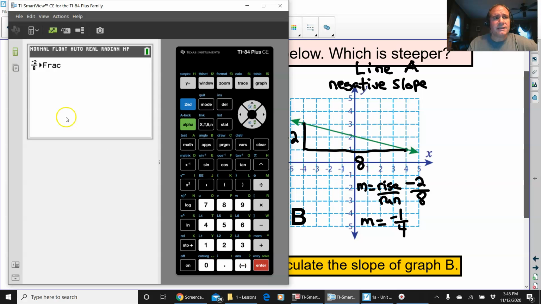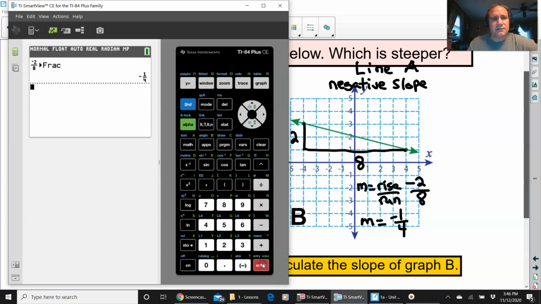It says -2, you press enter and it gives you the reduced form of that fraction. So it's just a nice easy way to reduce a fraction if it's a fraction that you can't think about reducing, or it's a little bit more difficult. -2/8 was not that difficult to reduce, but if you come up with a fraction that is more difficult, you could use that calculator to help you out.